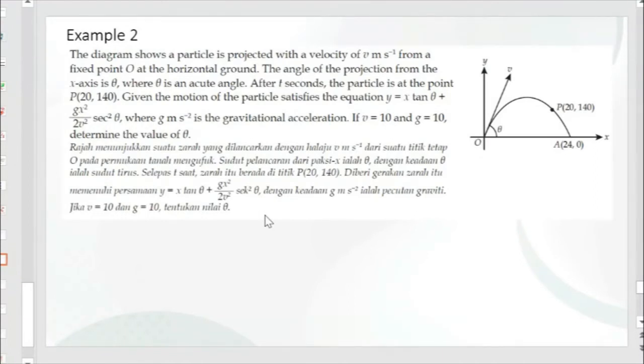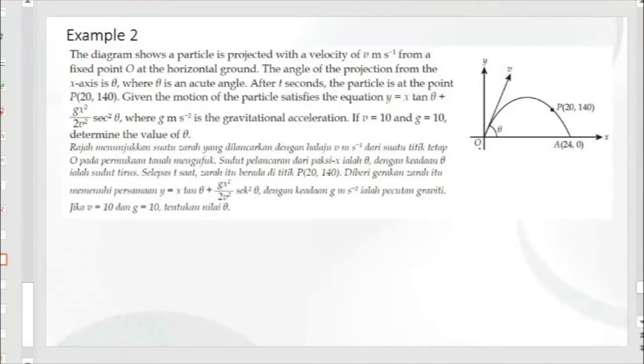Okay, let's look at the question together. The diagram shows a particle is projected with a velocity of v. This is the direction for the velocity. Go up from the ground.